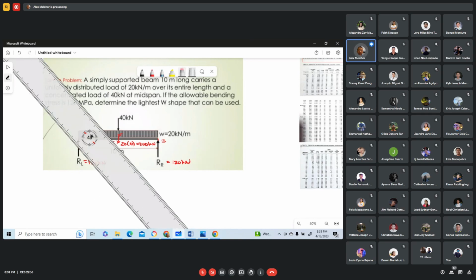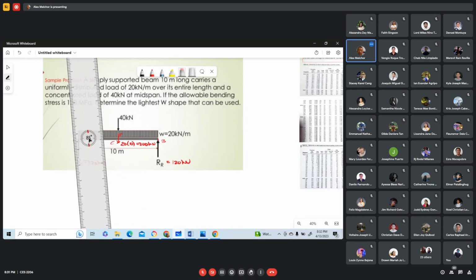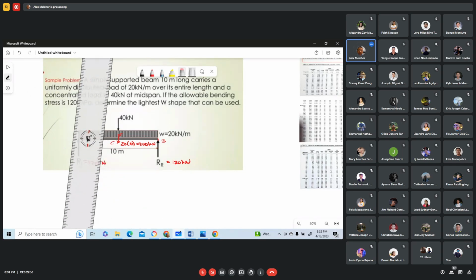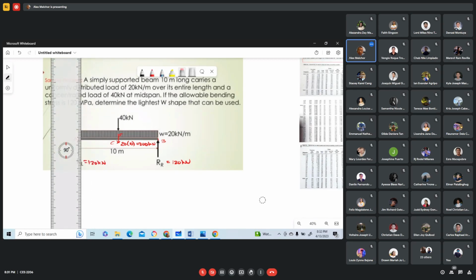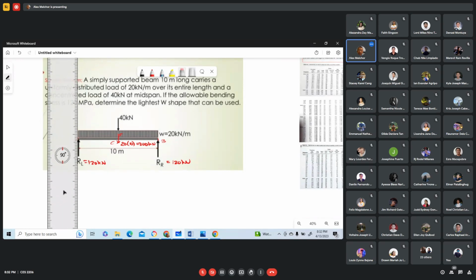We just use a ruler to make it straight.